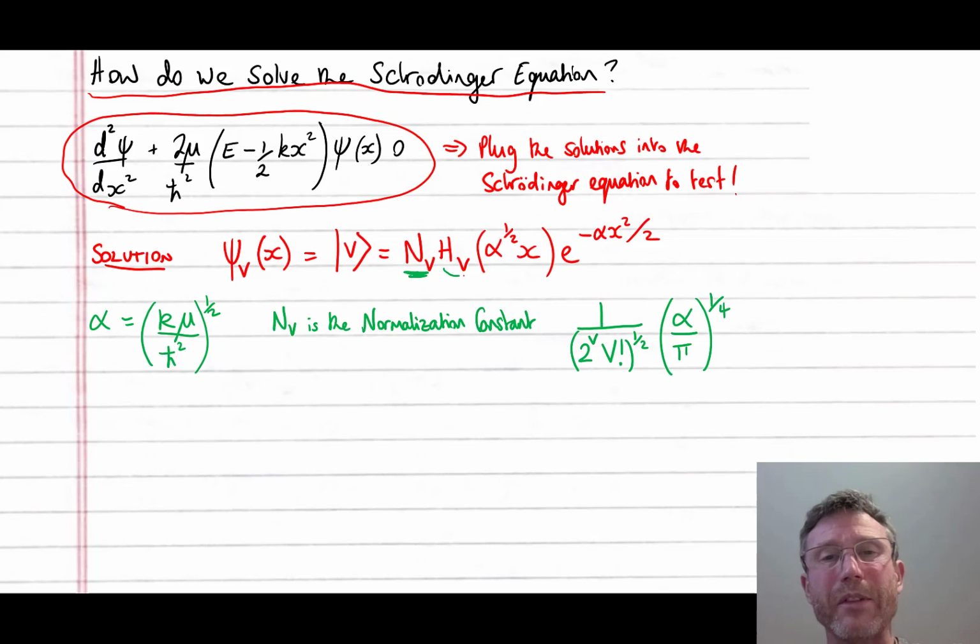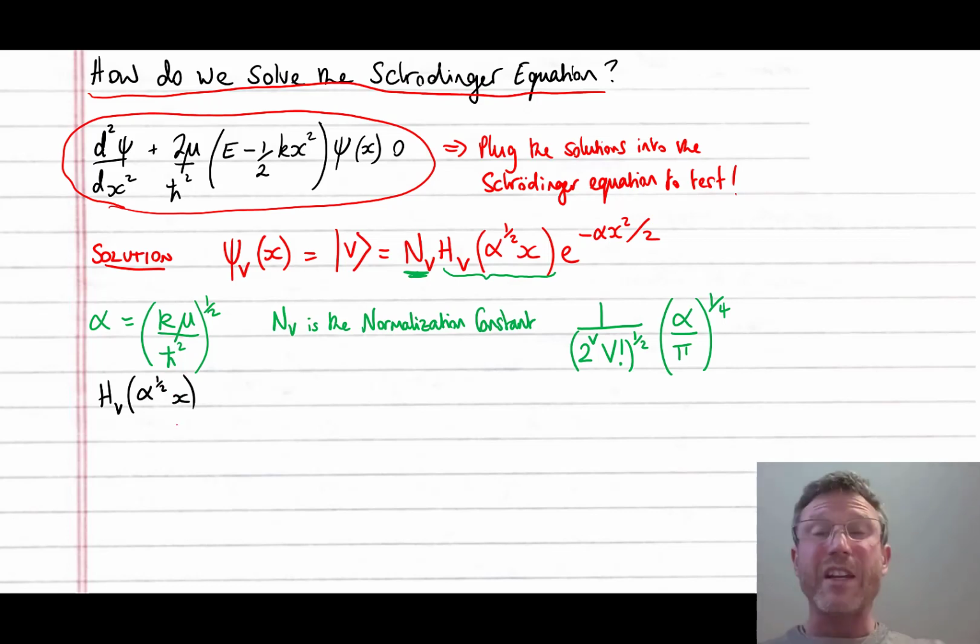What is going on with this function H sub v? These are what we call Hermite polynomials. So we're going to say H sub v, and they're a function of alpha to the half x. It's just convenient to write a function of alpha to the half x. We're going to replace that with a little squiggle in a minute, which is going to be our variable. Again, we're going to shorthand notate it.